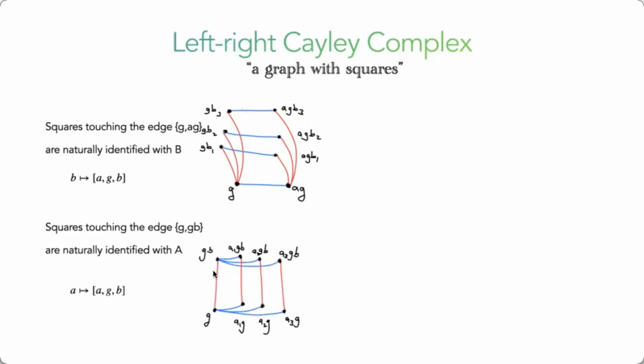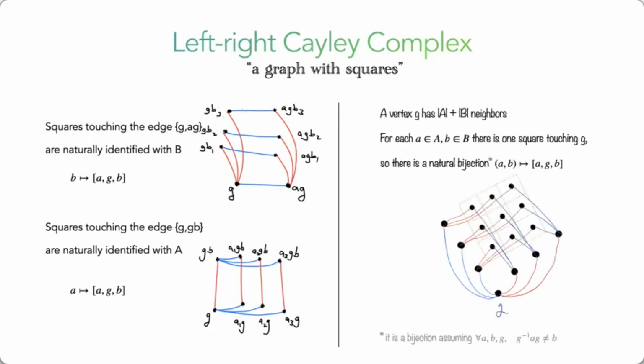If I have a B edge from G to GB, then for every element A, I have a square: I go from G to A1G to A1GB, back to GB, back to G. So it's like a book where you can open the pages on all sides, there's not only one spine, but every part of the page is a spine, and you can move like that.